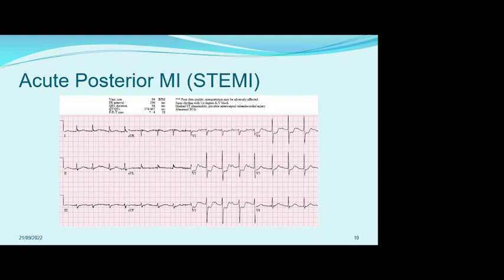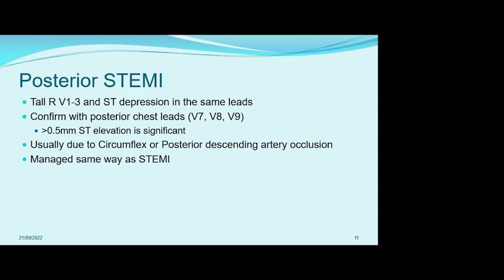Although by definition there are no ST elevations, this is equal to ST elevation MI in the posterior wall, because in a normal 12 lead ECG we don't record the posterior wall of the heart, so it will only record the reciprocal changes. So what you see is only the reciprocal changes of the posterior wall representing the anterior leads.